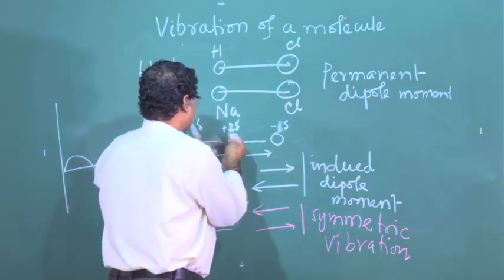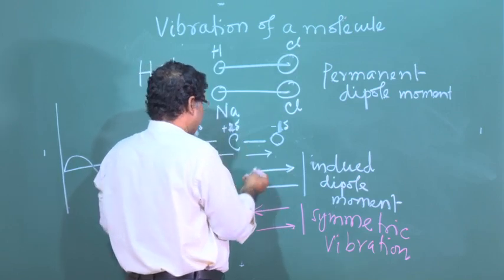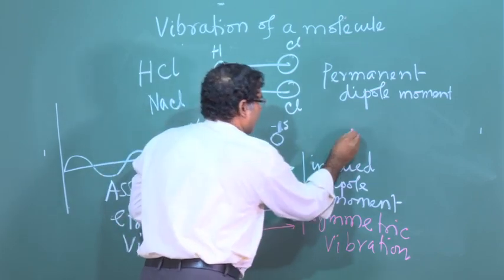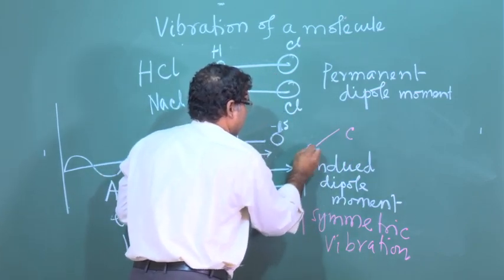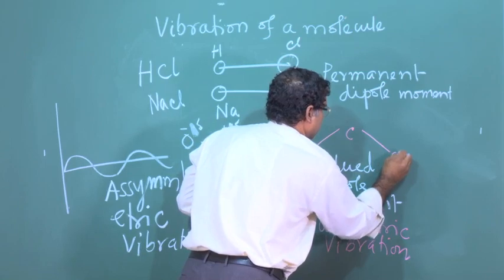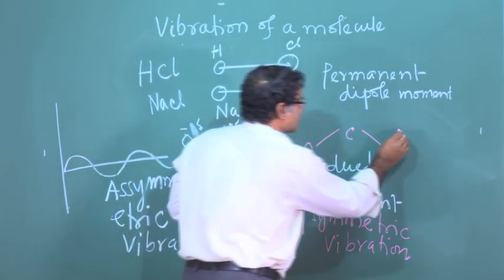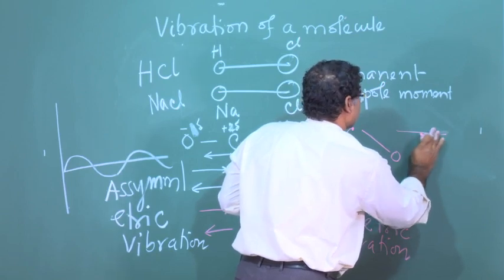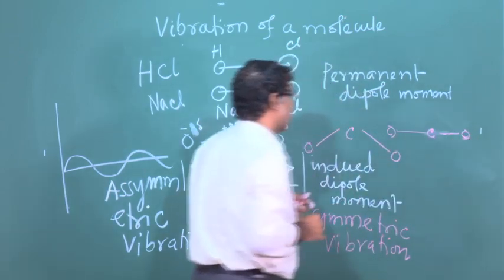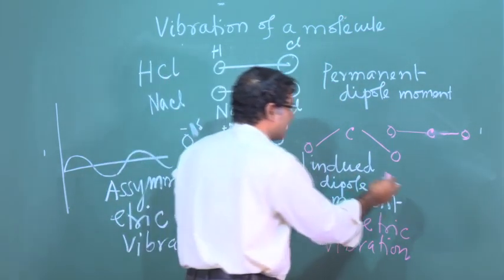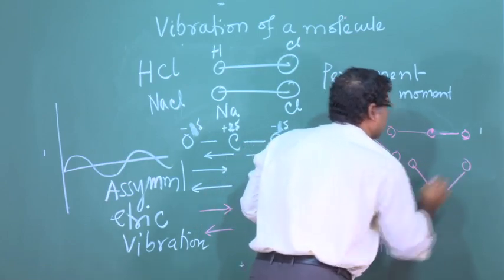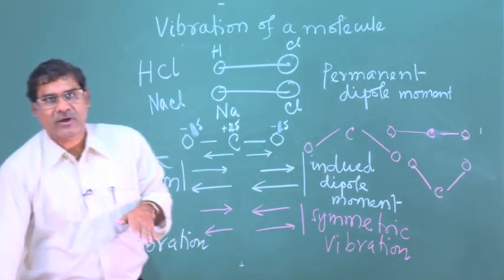So, in this case, if it vibrates, oscillates like this, if the starting is this, then again it comes straight, again comes straight. Okay. And in the next step, if it bends this way also.